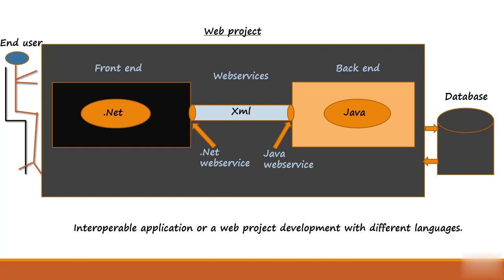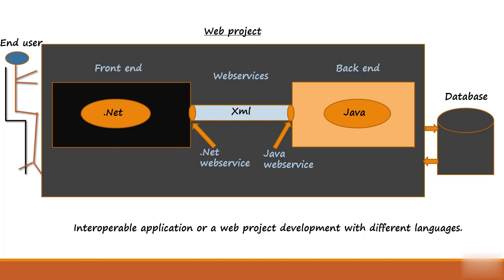This is a web project built as an interoperable application with different languages. For example, the end user is using a front-end technology with .NET and in the backend we have Java technology. So I want to give communication between these .NET and Java programs. How?